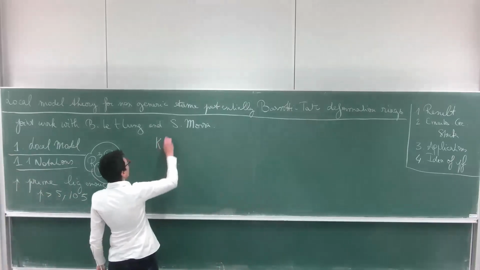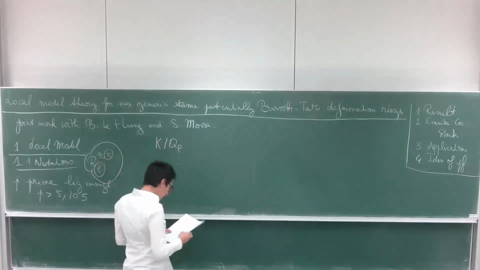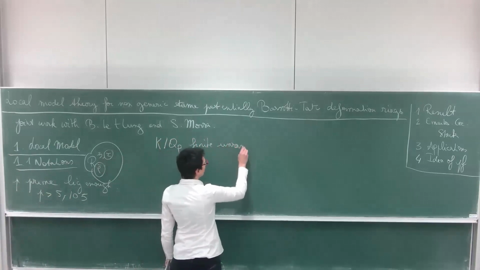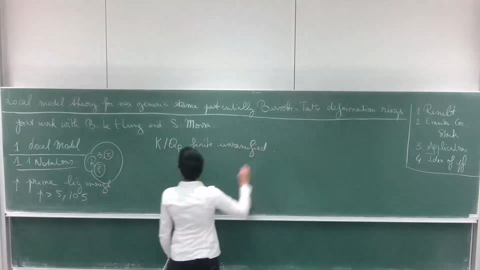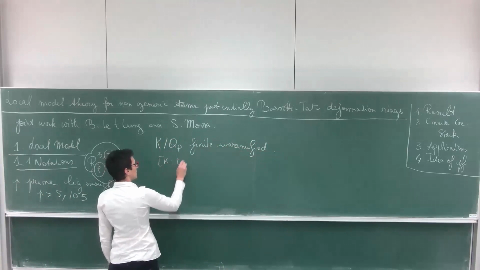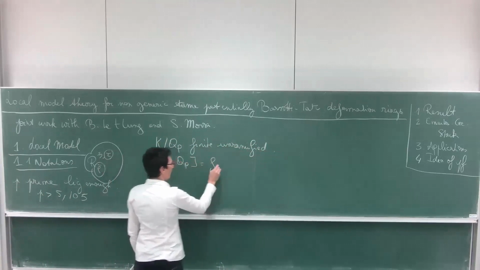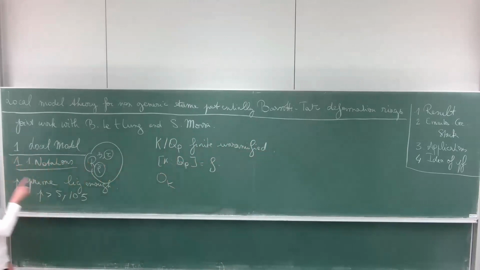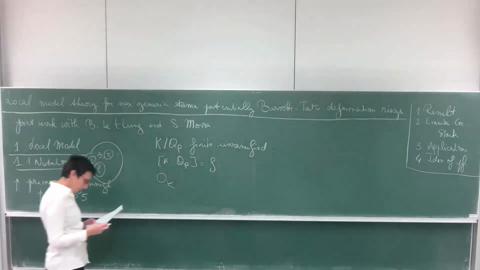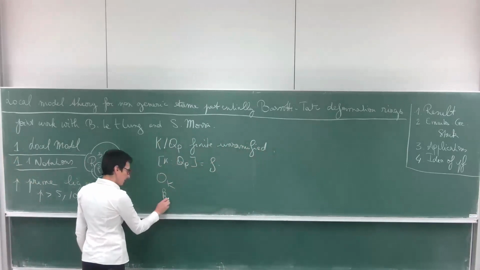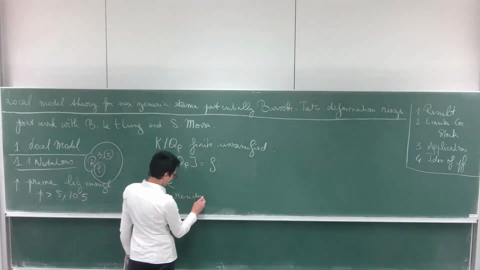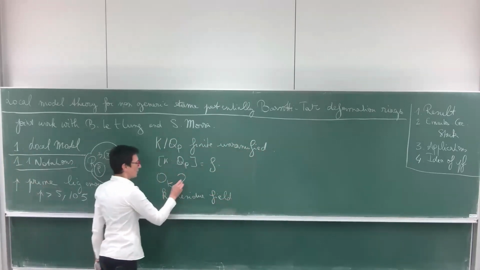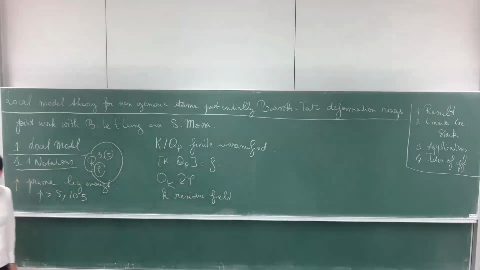Then K will be a finite unramified extension of degree f. O_K will be the ring of integers. I will denote k the residue field. And I have a Frobenius phi on O_K.